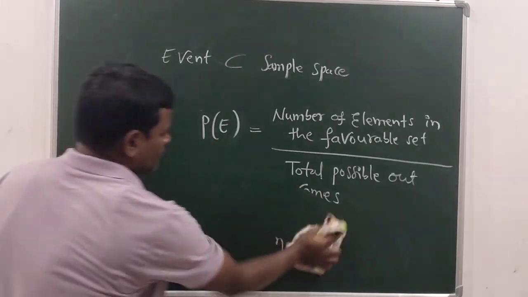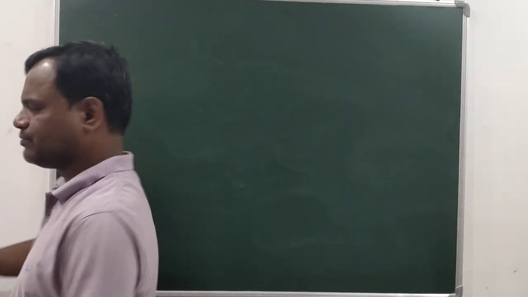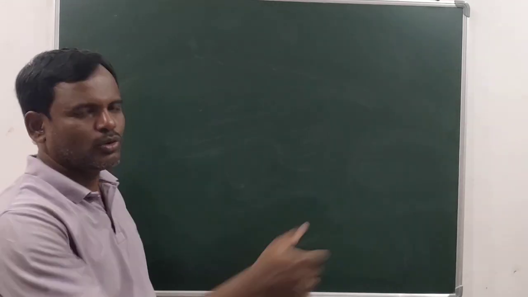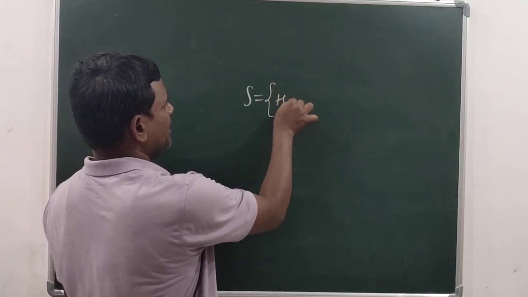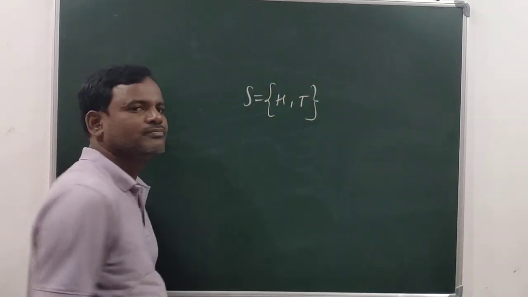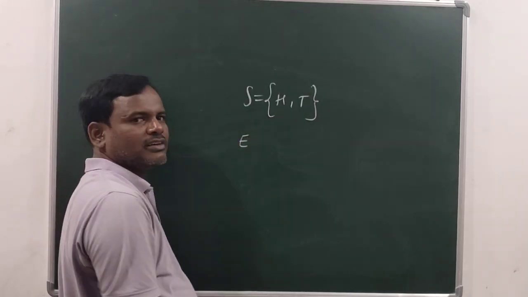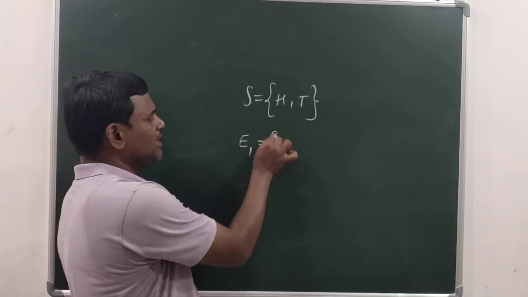Now, let us take one example. Take a coin, throw it. So we may get either head or tail. Now let us say E1 be an event which represents getting head.